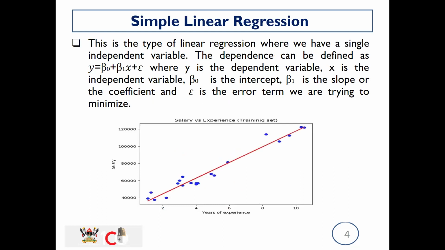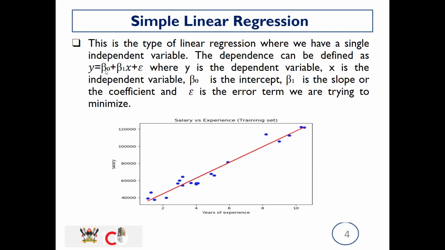In simple linear regression, we have a single independent variable. In this case, the dependent variable is salary, and the independent is years of experience, so it's the x, and then the y is the salary, which is the dependent.